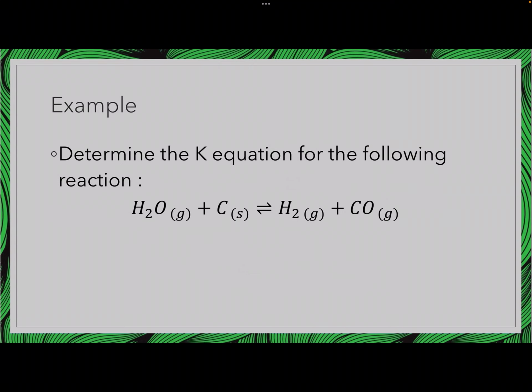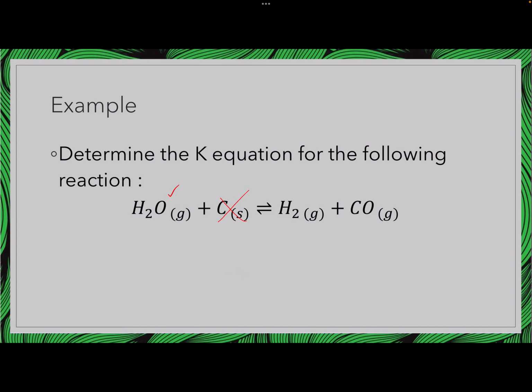Now, if we have a look carefully at this one, carbon is a solid, so that's not going to be included. But the rest of the things are acting as gases. So it's a gaseous reaction, in which case we actually have to include the water because it's a gas, not a liquid. We're not doing the reaction in water, we're doing the reaction in a gas form.